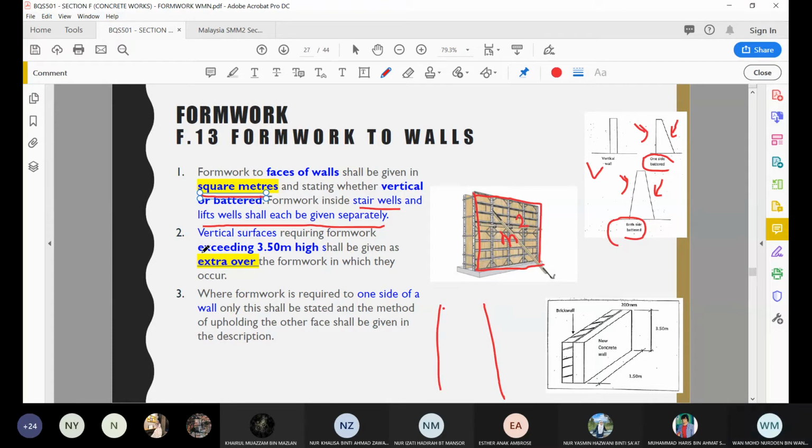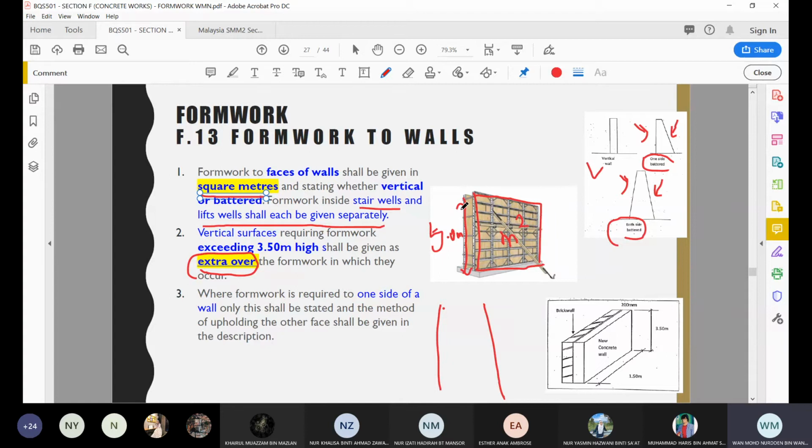Number 2. Vertical surfaces requiring formwork exceeding 3.5 meter high shall be given as extra over. Kita buat vertical height kan, tapi exceeding 3.5. Katakanlah yang this one 5 meter.